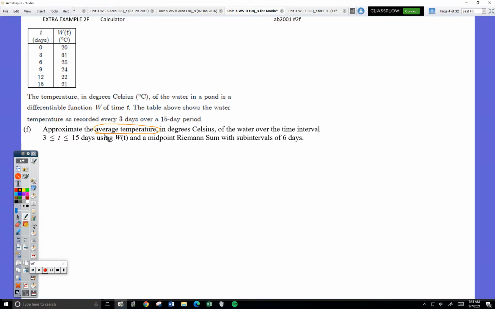We want to pay attention to units because they often pay for units. The time interval is crucial. And what I'm supposed to use is crucial: midpoint sum, the subintervals of 6 days. Those are all the key items I need to pay attention to.